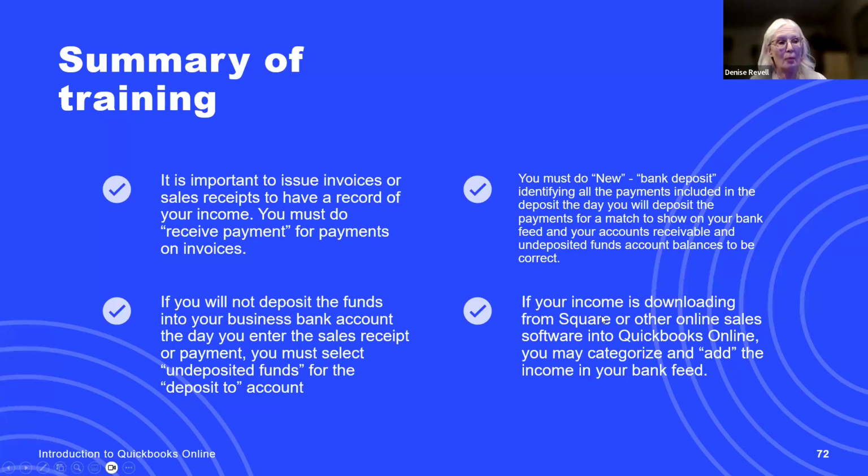If your income is downloading from Square or other online sales software into QuickBooks Online, you may categorize and add the income in your bank feed.